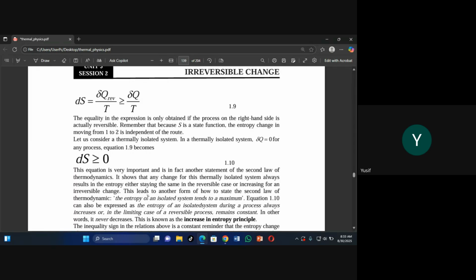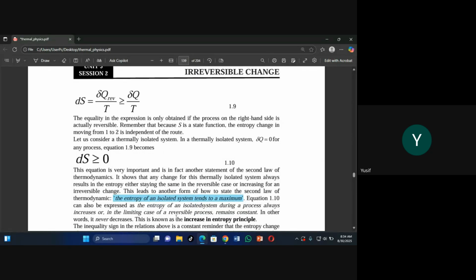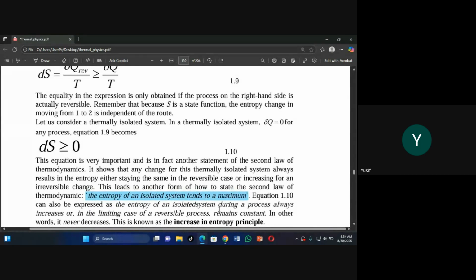This leads to another form of how to state the second law of thermodynamics: the entropy of an isolated system tends to a maximum. The entropy of an isolated system tends to a maximum.